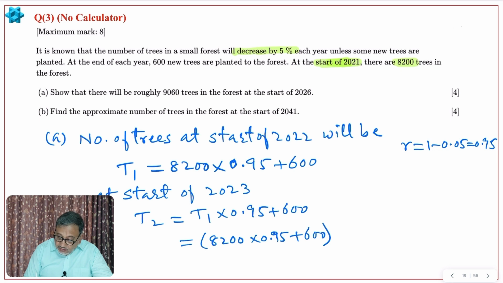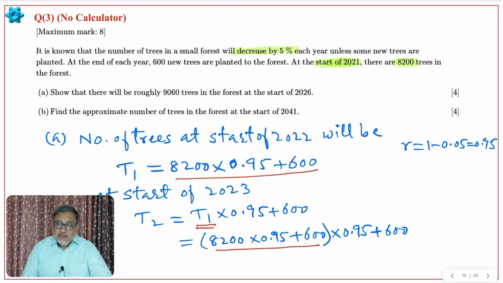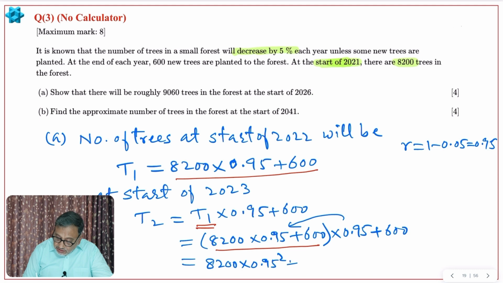So times 0.95 plus 600. See here, I have replaced T1 by the value of T1, right? So finally T2 will be 8200 into 0.95 square, because this will multiply here, plus 600 multiplied by 0.95 and 600.